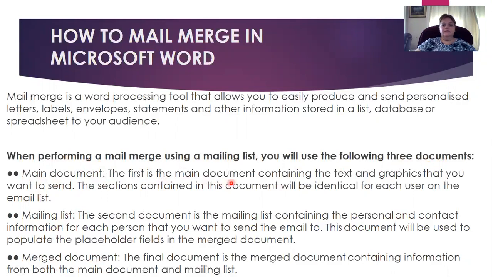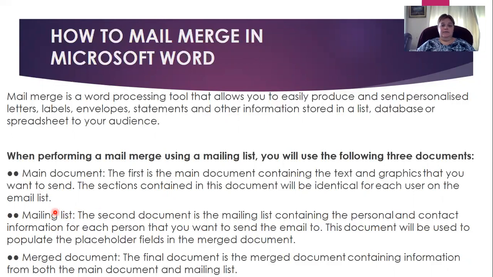The first is the main document containing the text and graphics that you want to send. The sections contained in this document will be identical for each user on the email list. So I can send this out to thousands of people, and the basic content is going to be exactly the same. The second document I'm going to need is my mailing list.